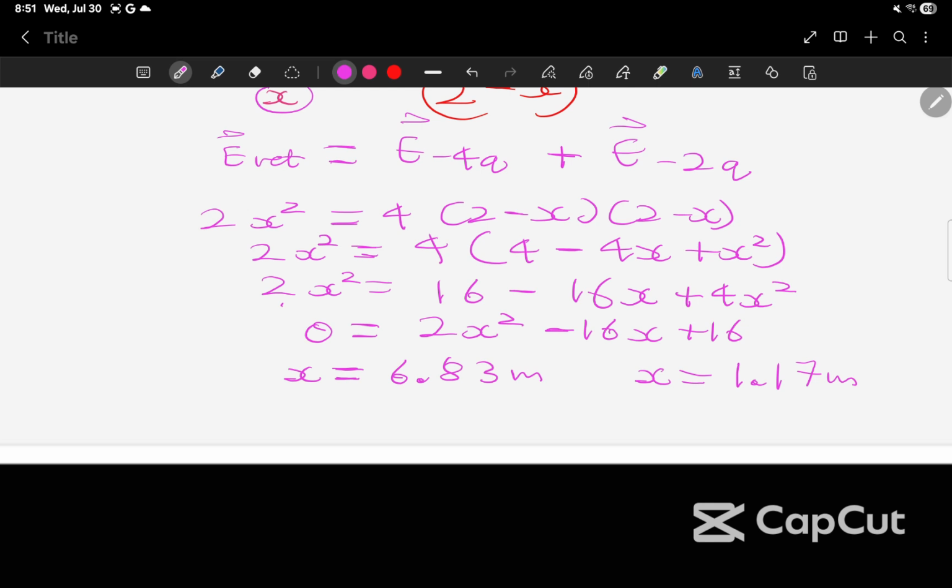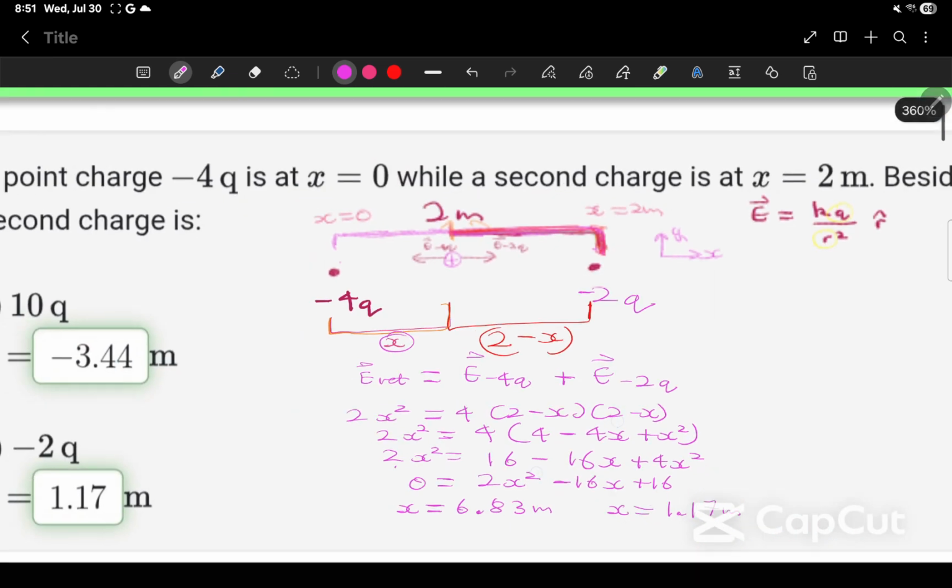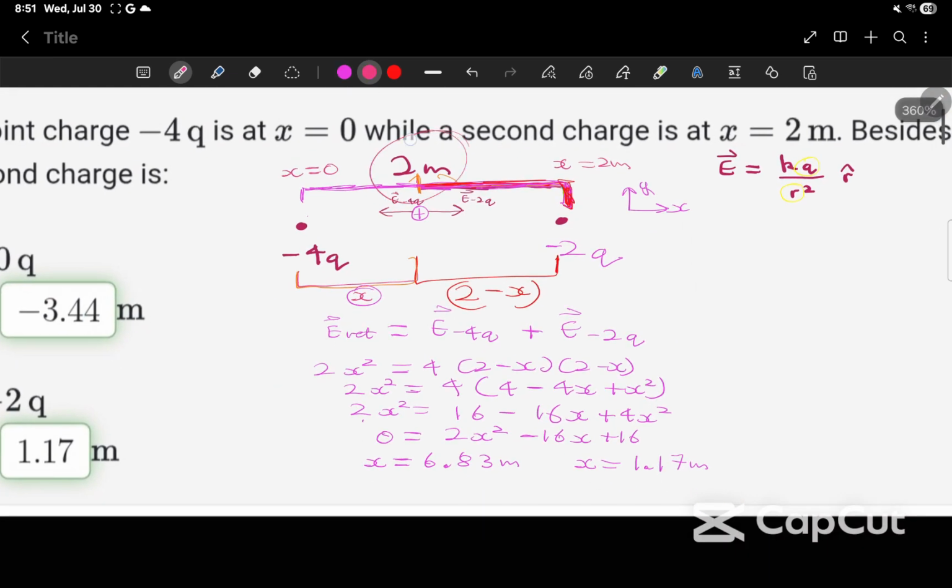So now to make a choice between these two values, we'll think about it like this. We already know that this entire distance between these two guys is 2 meters. If our displacement was positive 6.83 meters, our test charge would be all the way there in that third region, but we already said that in that third region the net electric field is not zero because of our analysis before.